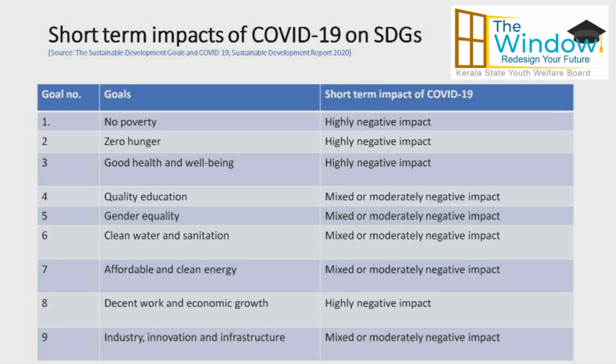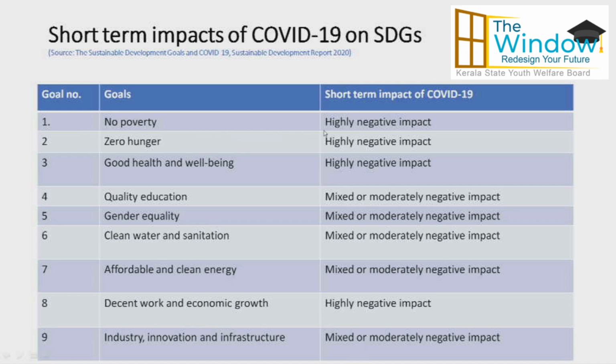I think the report was published in February or March 2020, and it covers the initial situation of the pandemic, and the short-term impact of COVID-19 is mentioned in this column.